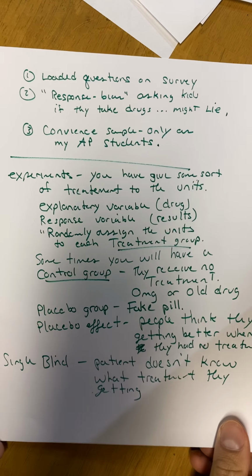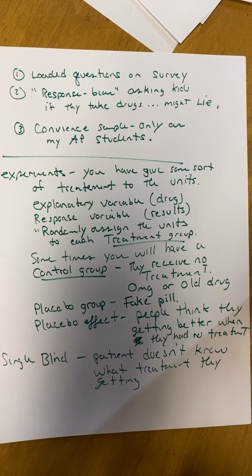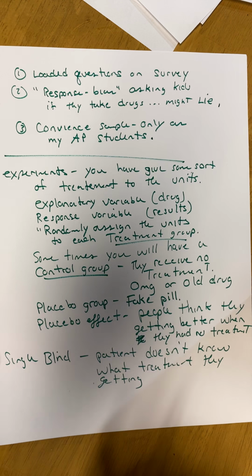A double blind would be the patient and the doctor do not know what treatment they are getting. Why don't you want the doctor to know? Because if the doctor developed a drug, you don't want him to try to influence the results of the patient by shaking his head going, you are feeling better, right? Wink, wink. Not that that would happen, but it could.